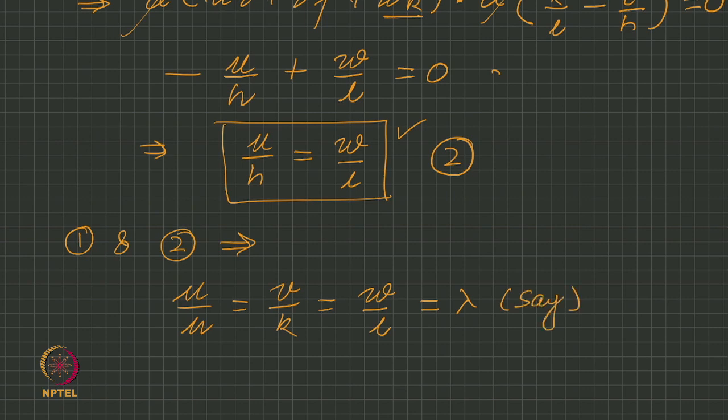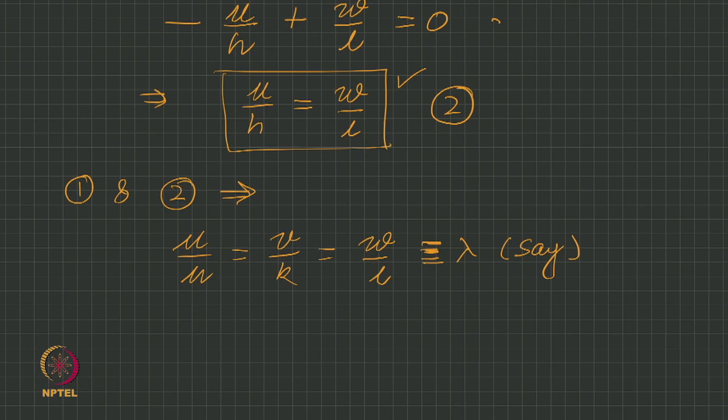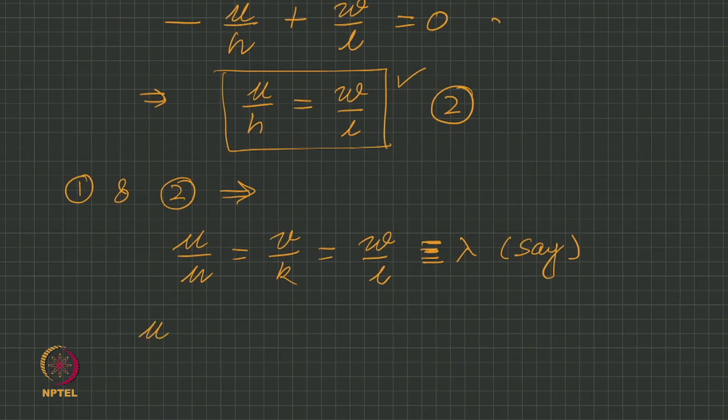We have introduced, this is not a quantity which is defined, we are now defining it. We are saying that this equal ratio is lambda. So, then u is equal to, because we wanted to solve for u, v and w, that is why we called it lambda. So, u is lambda times h, v is lambda times k, w is lambda times L.